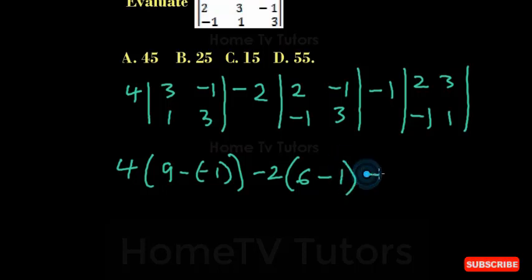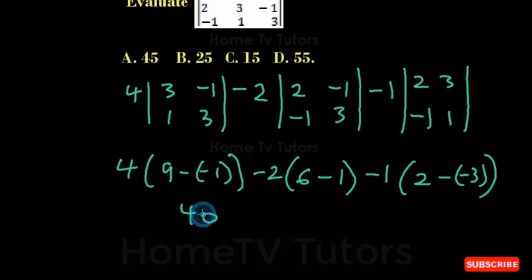Alright, then minus 1 bracket 2 times 1, 2, minus times minus 3, so we have minus 3. Okay, so now we go on. Minus will be plus, so we have 9 plus 1, that's 10. 4 times 10, that's 40.